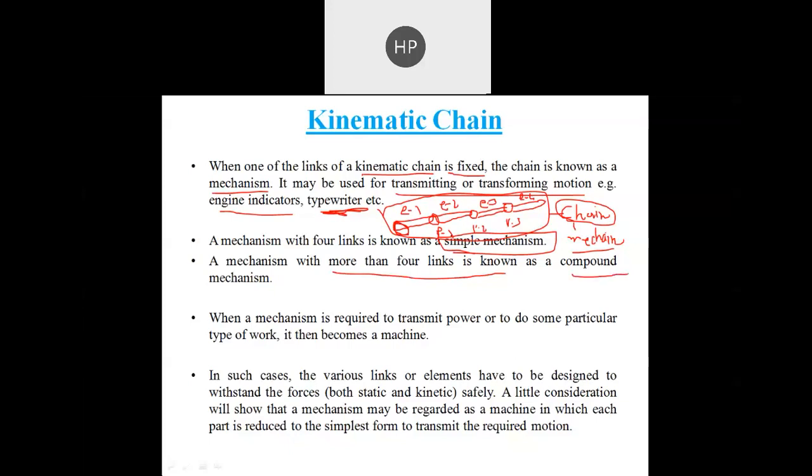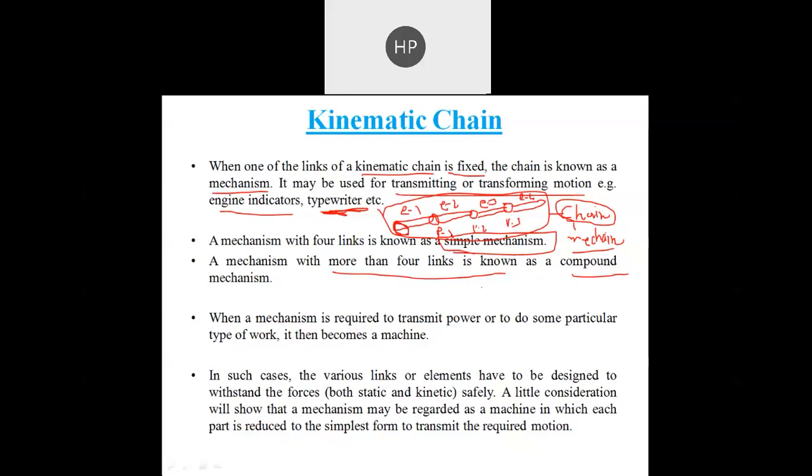When you hear the word mechanism, it may have any number of links, but you have to consider that a minimum of one link is fixed, and then it is known as a mechanism. We have to understand that clearly in our minds.